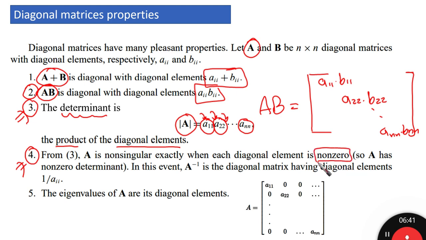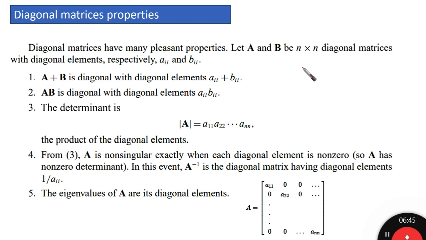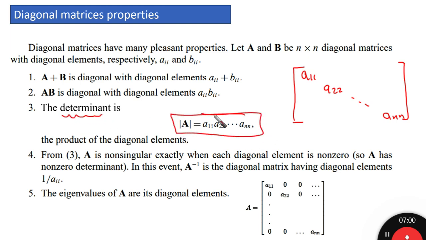Take care of this. Let's clear everything here. If we have A here, for example, and we have A11, A22 until ANN, I've told you that the determinant is obtained from the multiplication of the elements along the diagonal.